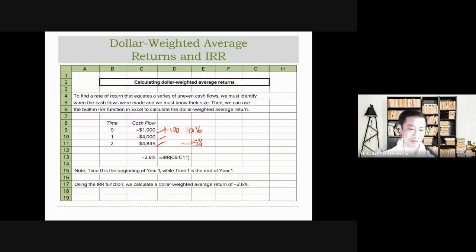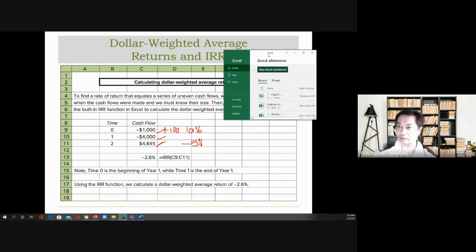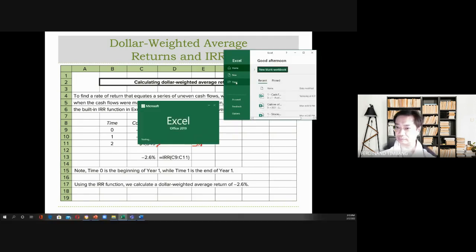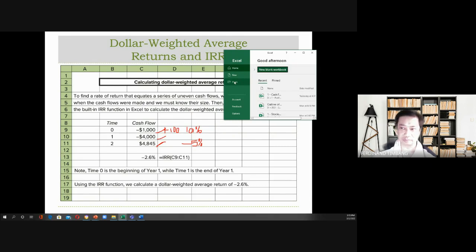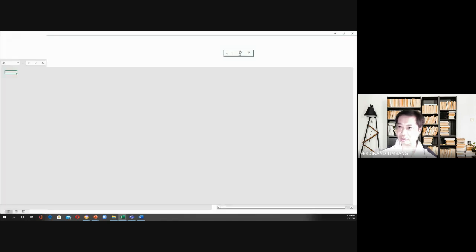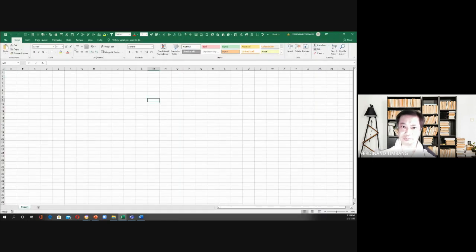Tapos nagawa ko siya. 4845. Di ba? Dito niya na lang.